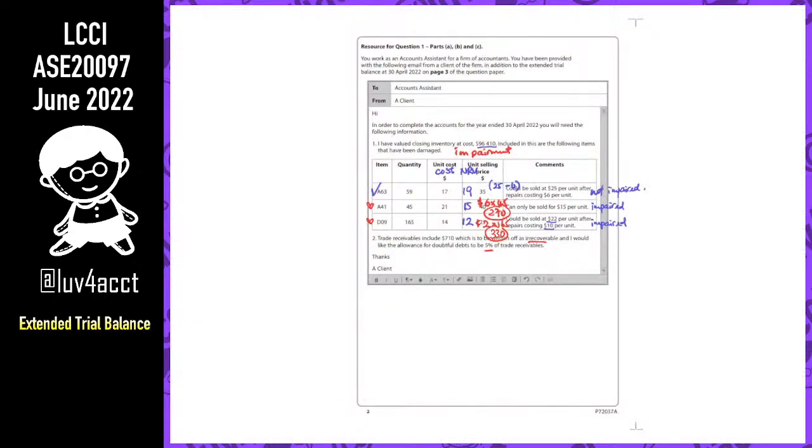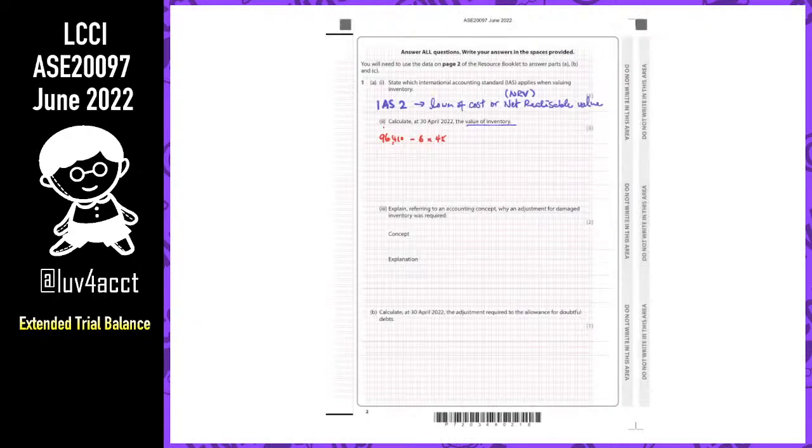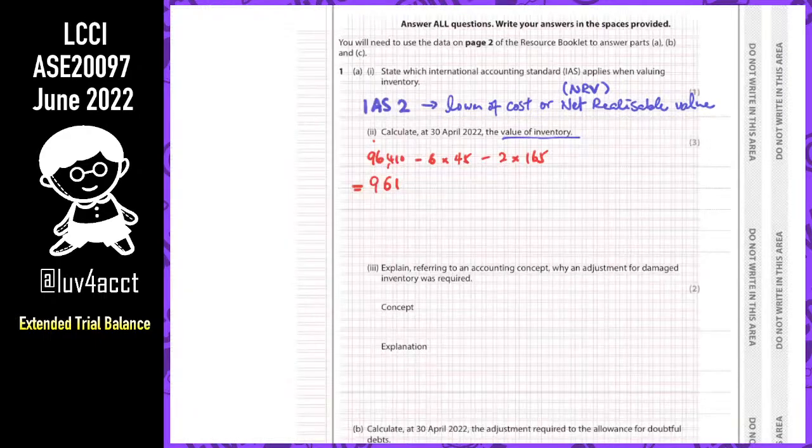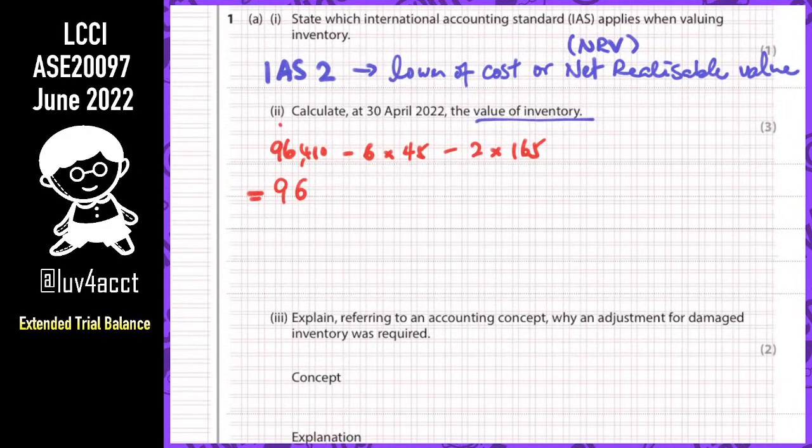Let me check. 45, yes. And then minus 2 times 165. We have 2 impaired batches of goods, 270, and then 330.